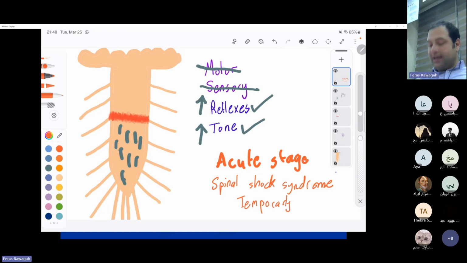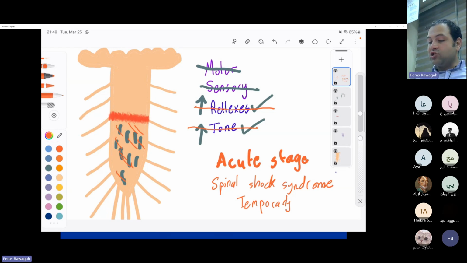So in this acute, temporary stage, what will happen? The whole area here will lose its function. So there will be no reflexes, no tone, no motor, and no sensory.